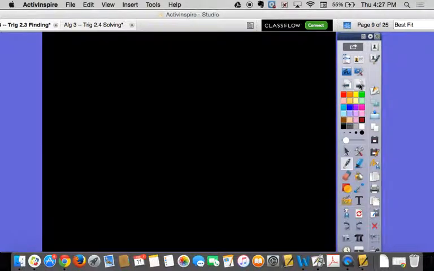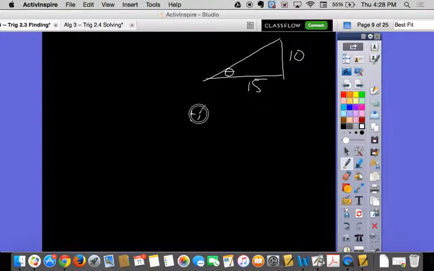There's not much else that you could do here. Sometimes you're going to have word problems or situational problems where you might have something like this, and they say, hey, find the angle. You're supposed to know that tangent of theta, opposite over adjacent, would be 10 over 15.